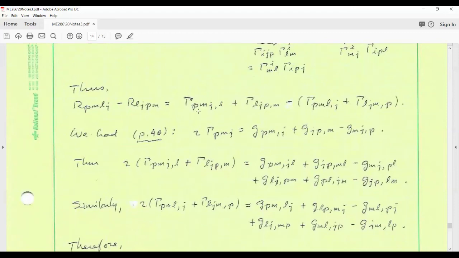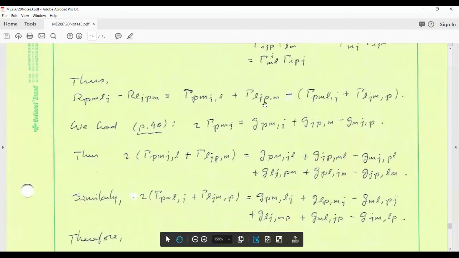Okay, so let's see what we can do. Let's add these two terms. And I'll bring the 2 in because of this here. When I do that, I get a bunch of derivatives of the metric if I add those 2 terms together. Okay. Then I want to add these 2 terms using the same formula. And I get this.